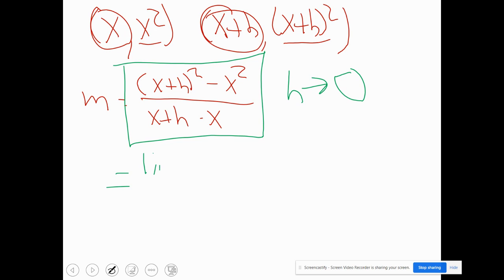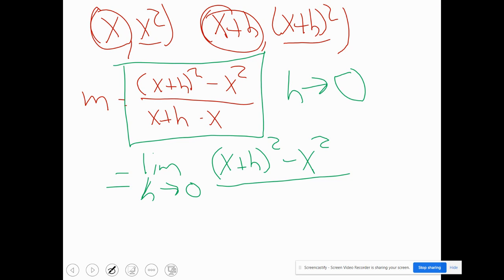I'm asking what's the limit as h approaches 0 of the fraction x plus h squared minus x squared over x plus h minus x. Right? That's your job to evaluate. Instead of calling this m, we'll call it y prime, or dy over dx.